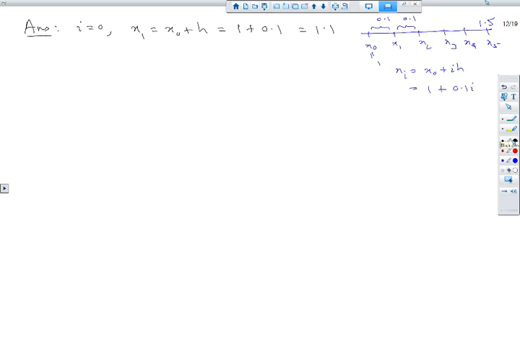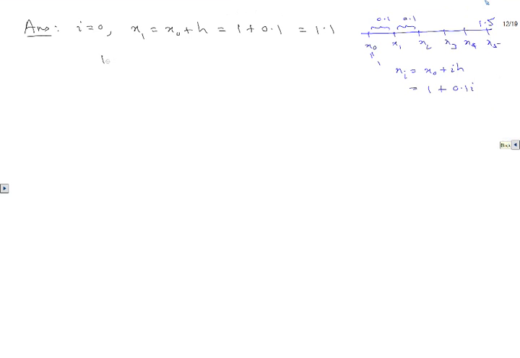So let's do the calculation now. First we're going to calculate k1. K1 is f(x0, y0) according to the formula. So it is 2 x0 y0. If you plug in x0 equal to 1 and y0 equal to 1, you get 2 times 1 times 1, which is 2.